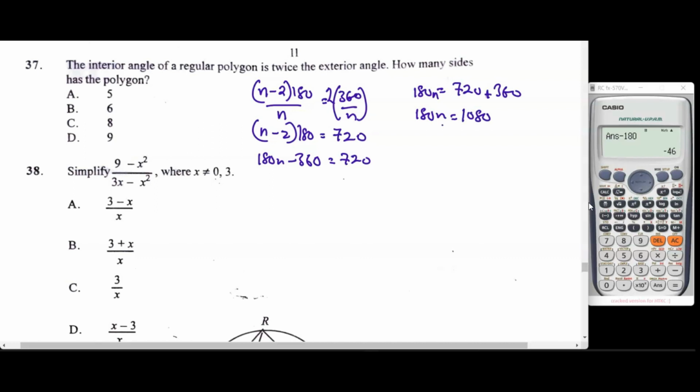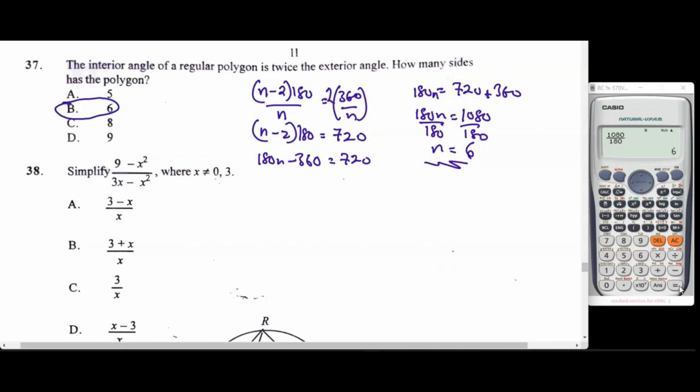Therefore, dividing both sides by 180, n will be equal to 6. But let's confirm it. 1080 divided by 180. That is 6. Yes, that is 6. So we have the number of sides to be 6, which is B.